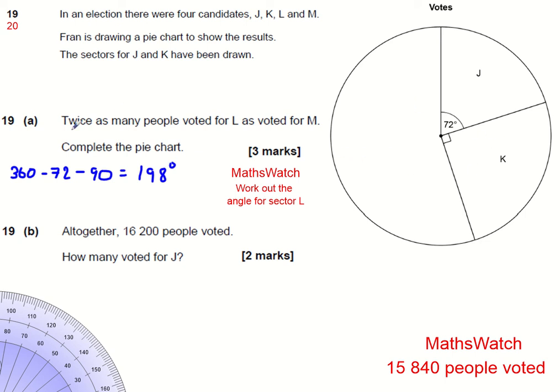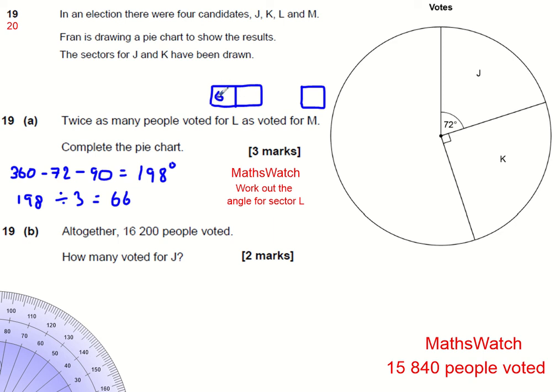Now we use the fact that twice as many people voted for L as for M. This is a ratio question. If I give L 2 boxes, M will only have 1, because there's twice as many for L as for M. That means that we are taking this 198 degrees and dividing it equally into 3 parts. 198 divided by 3 is 66.